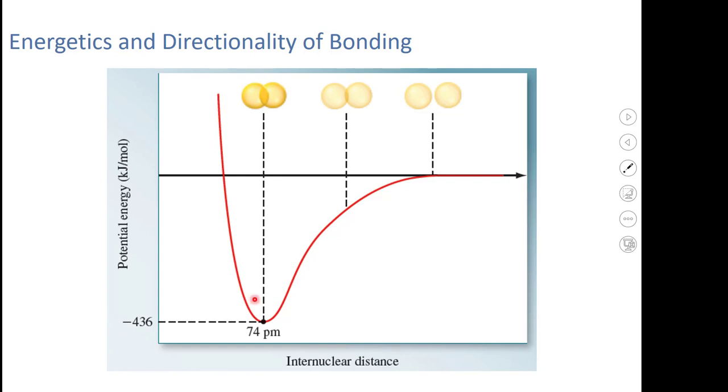If they get too close together over here, then the energy starts going up again because the nuclei, which are positively charged, get too close to each other and start hating each other and repelling. So that's the sweet spot. And this is for the H2 molecule. That's about 74 picometers, so we call that the bond length. So this is the first time we try to explain, well, why would they try to bond? They try to bond to lower their potential energy.